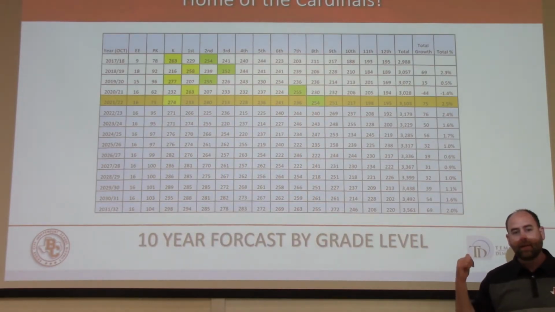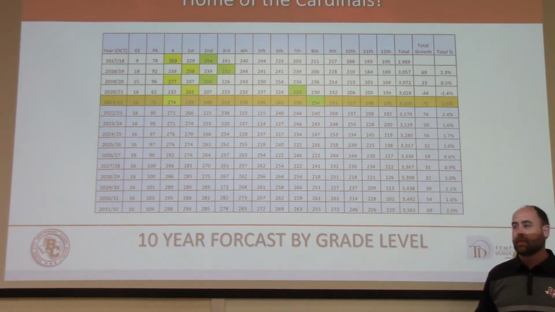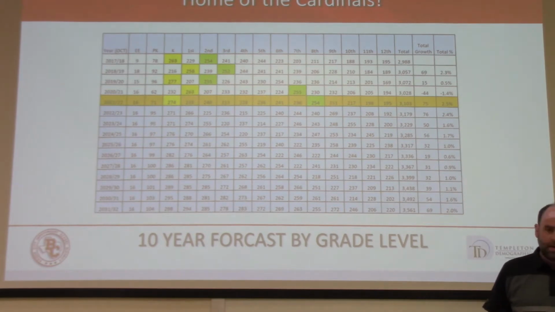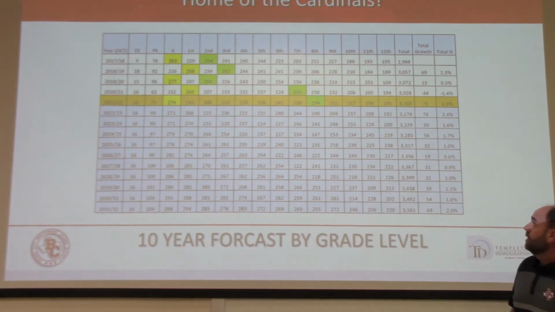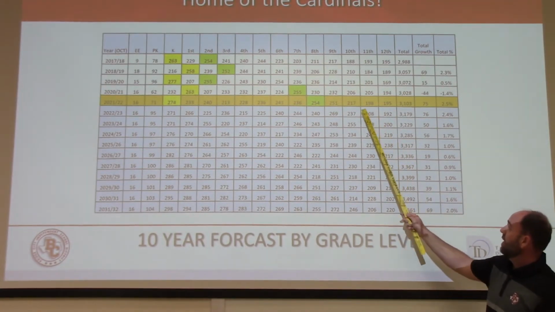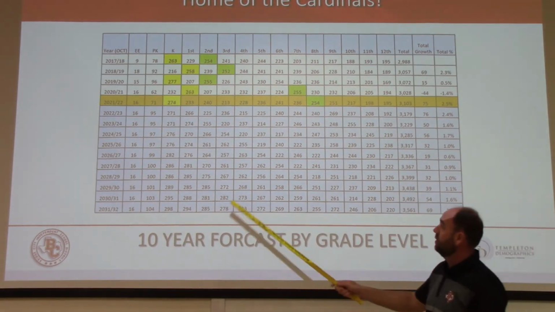Guys, this chart right here is probably, again, one of the most important documents that you need to spend some time looking at. When we talk about a growing school district, which we are, and we know more are coming, the story is told in the last 3 years of enrollment and the first 3 years of enrollment.